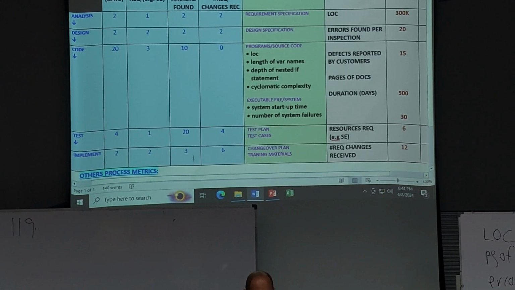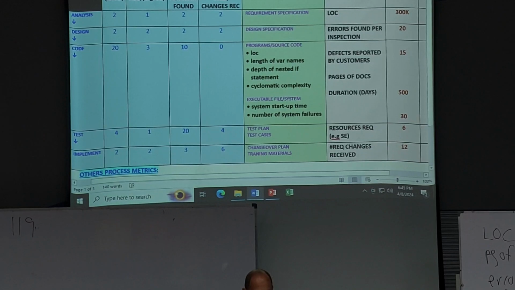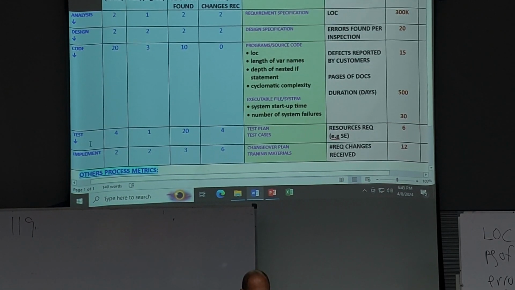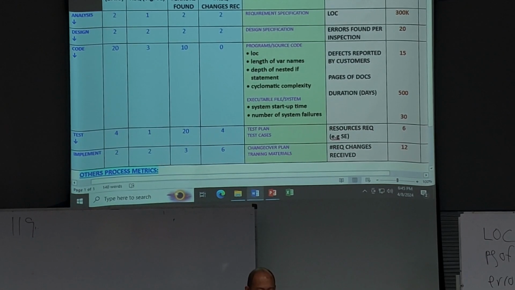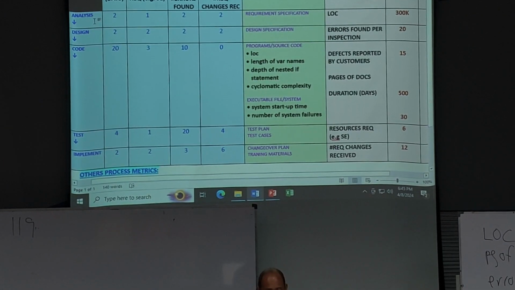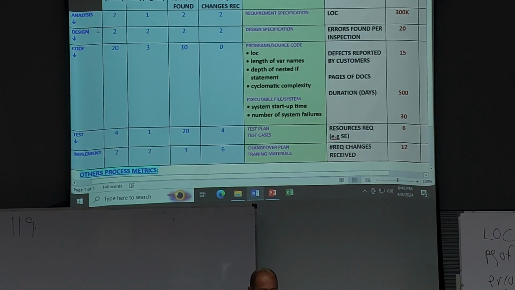Next, you also learned about process metrics. Analysis, design, code, test, implement: this is the process. For process, what you can measure is time, so the time to complete the whole process, or the time required to do analysis, or the total time needed to do design.